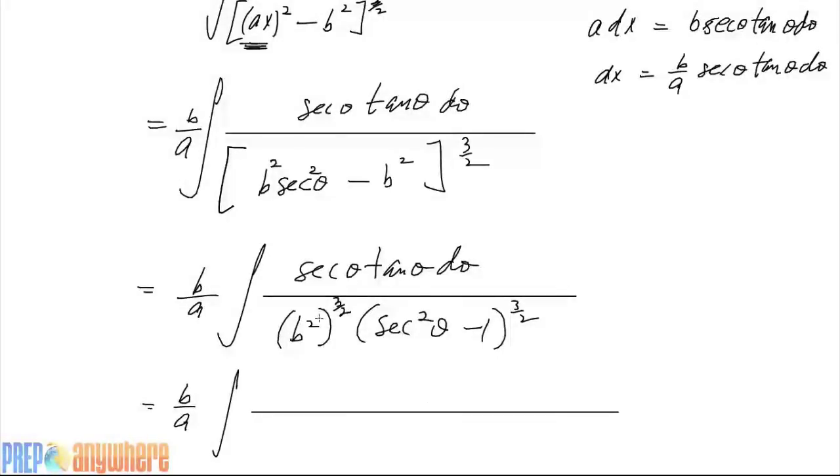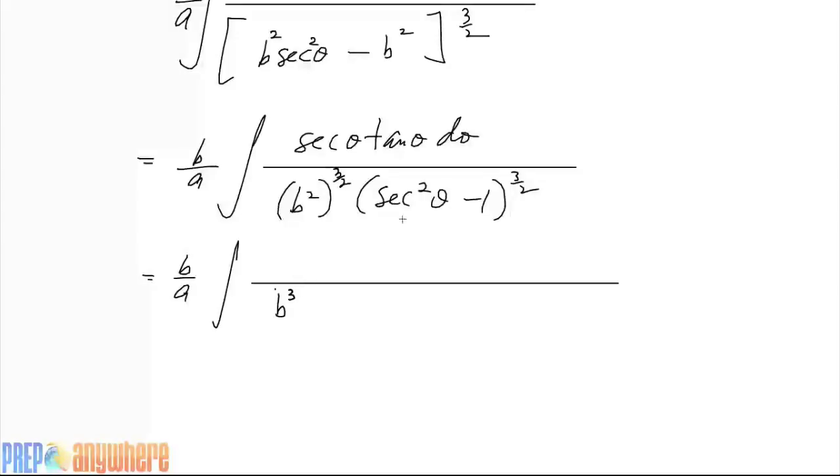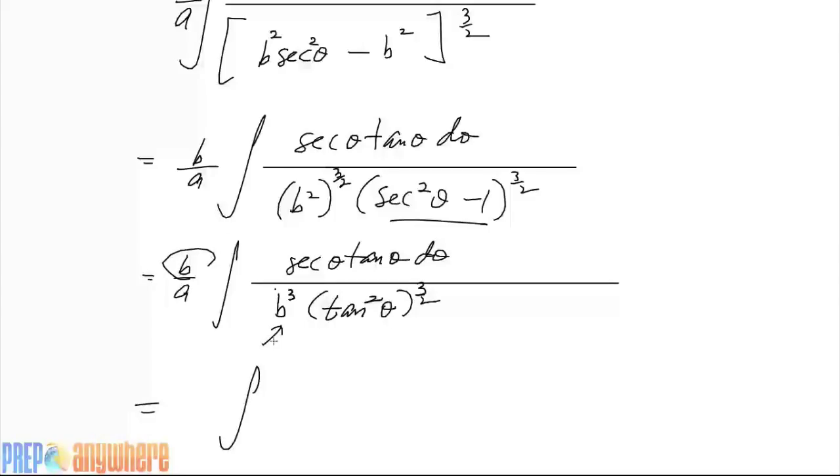Now that right there, b squared to the 3 over 2 is going to be b cubed. And then this right here is a tangent squared theta, so you raise that to the power of 3 over 2. So this b and this b cubed will cancel, reduce to give you b squared at the bottom.